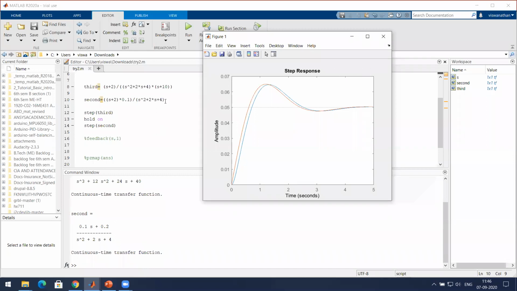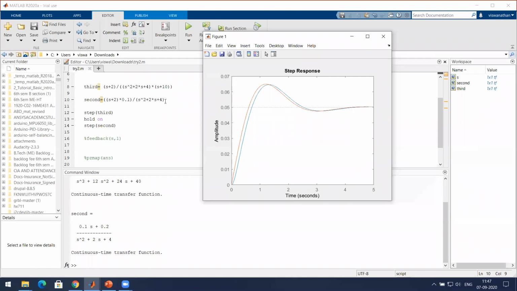The idea here is, suppose you don't have MATLAB. These are concepts which are relatively old, from when people were trying to understand what is a control system and develop control systems for different applications.